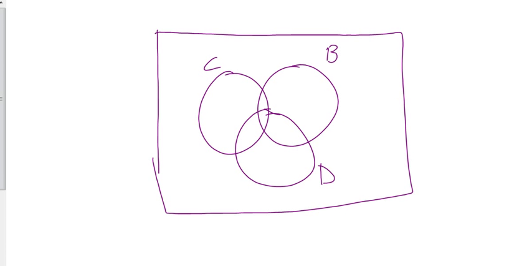There is a definite starting place. You got to put 2 in the middle, because the most restrictive set here is liked all 3, right? So there's 2. Okay, now where do we go?